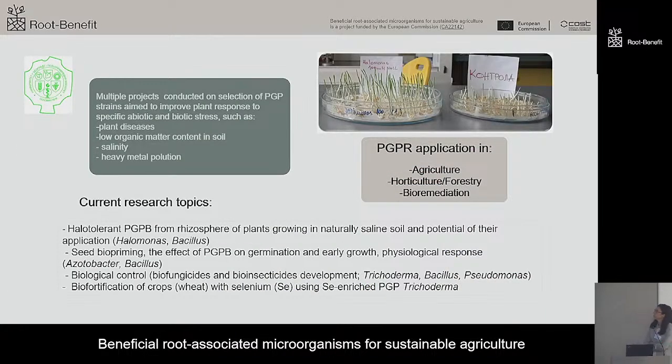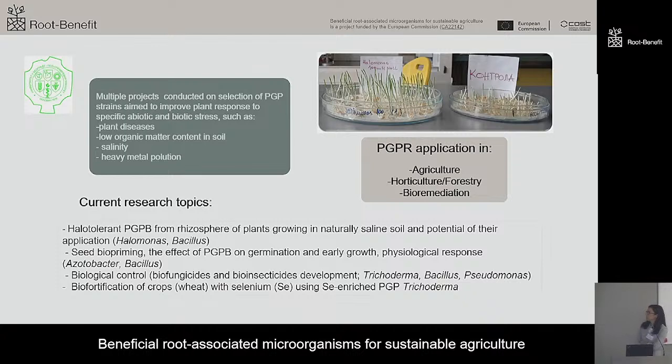We have conducted multiple projects related to the use of plant growth promoting microorganisms in different areas such as agriculture, horticulture, forestry, and bioremediation, all aimed at improving plant response to abiotic and biotic stress.